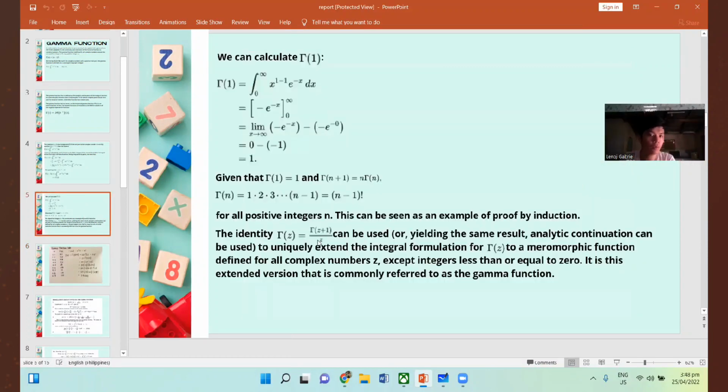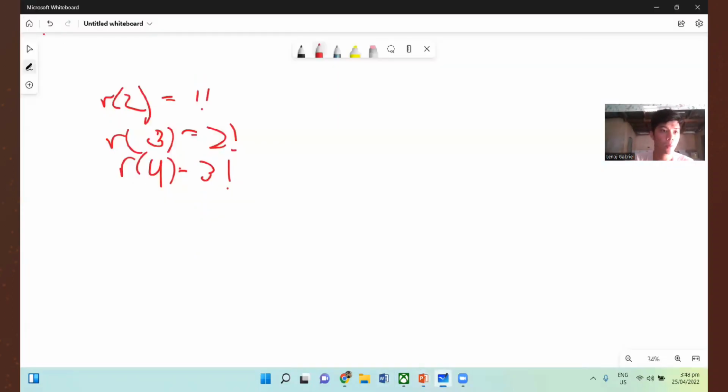So we are now having this formula. We're going to write this.